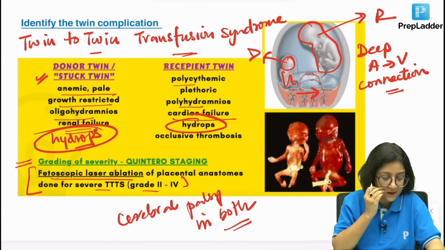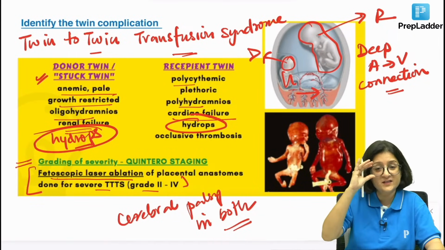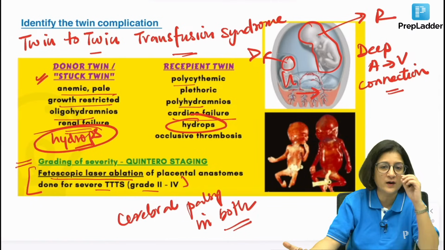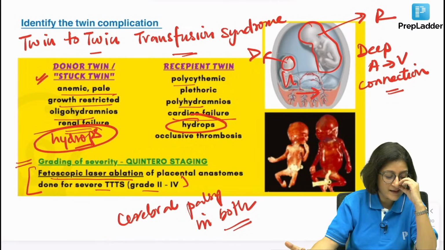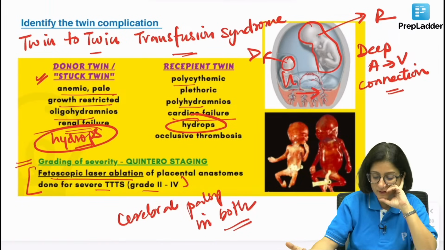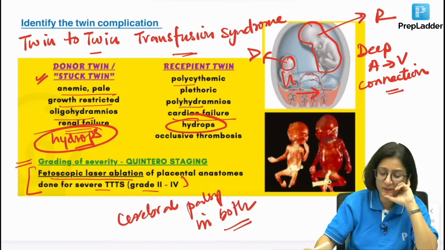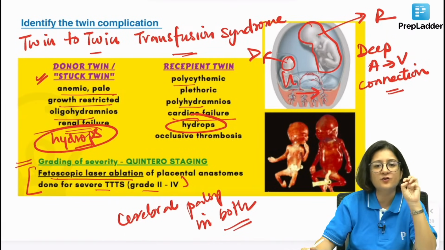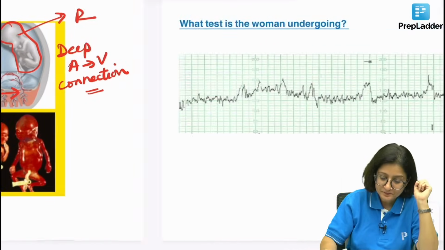See, those are decisions which can be taken much later, where you say selective feticide, that means one twin is sacrificed. So yes, generally the recipient twin is sacrificed, right? So that is also there, but again, those kinds of strategies are not the standard strategies, okay.